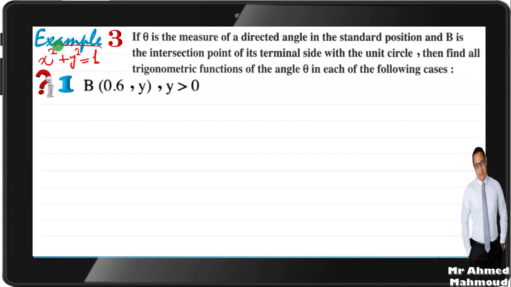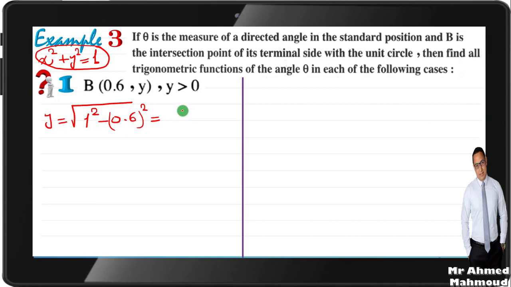This rule is related to the unit circle. So y equals the square root of 1 to the power of 2 minus 0.6 to the power of 2, which is equal to 4 over 5. Y equals 4 over 5 and x equals 0.6 or 3 over 5.